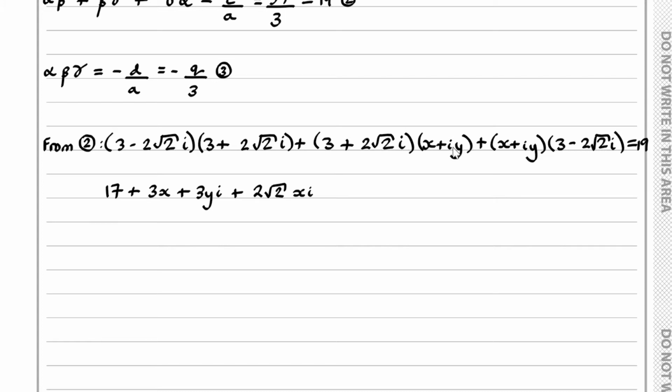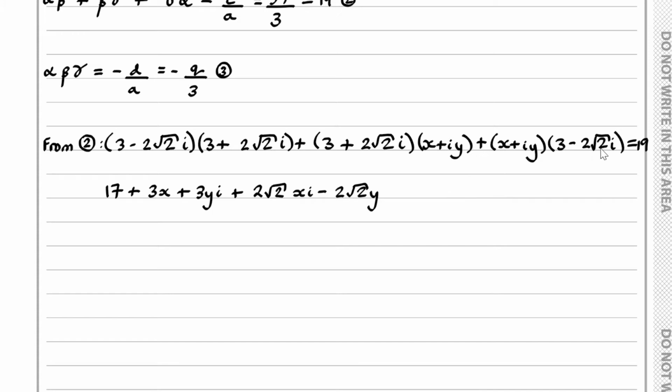Well, i times i is i squared, that's minus 1, so we have a minus 2 root 2 y.